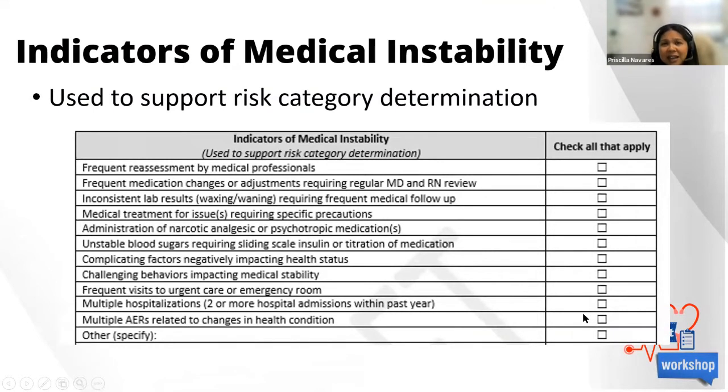If you do not see any of these checked off, or you do not identify any indicators of medical instability, maybe they've had no ERs, they've been very stable the past year, no changes to their meds, whatever it may be, you can indicate that even though there's not a box that says none of this applies. You can indicate that both in the nursing assessment under medical stability and also make a comment when you identify the category that none of the indicators of medical instability were identified.